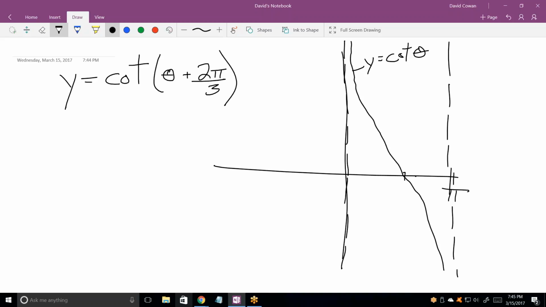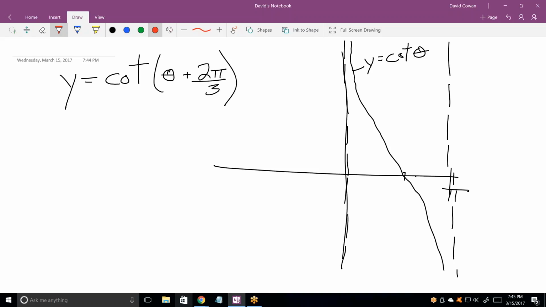Now, the only difference is there's a phase shift. So all I really need to do on my phase shift is figure out which way it is. Is it to the left? It's left.